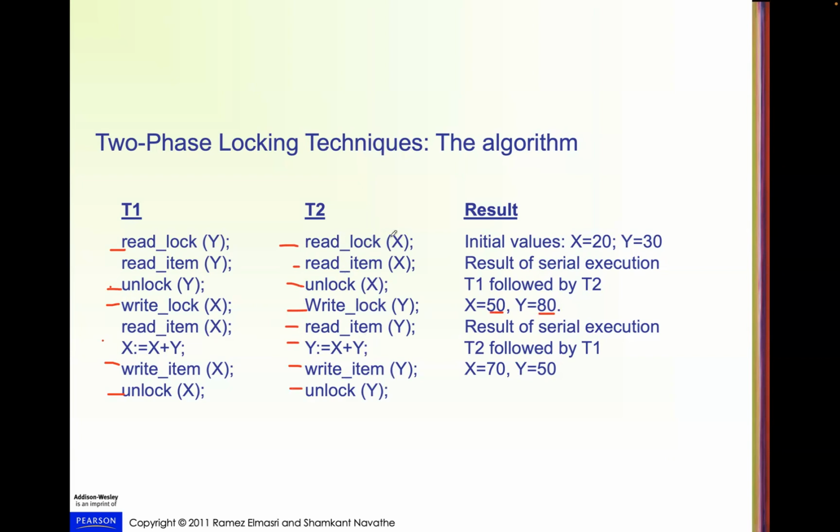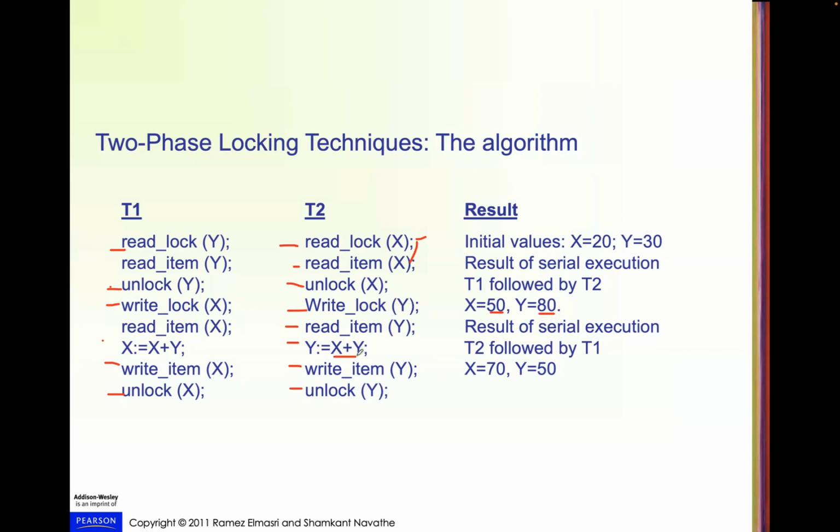So if T2 executes first, the initial value will be 30 here, and then 30 here, and then we say write lock of Y. So Y is locked.